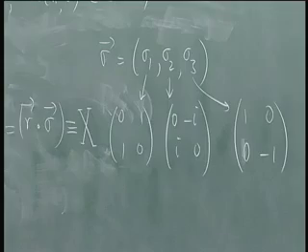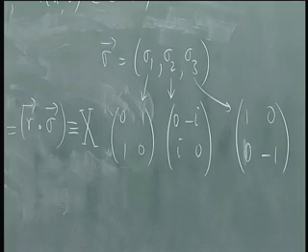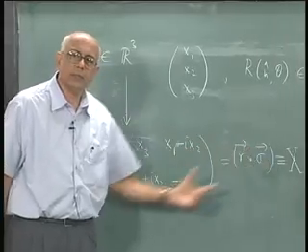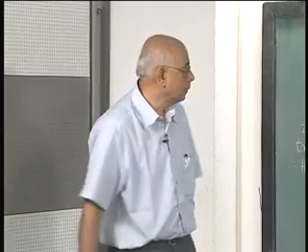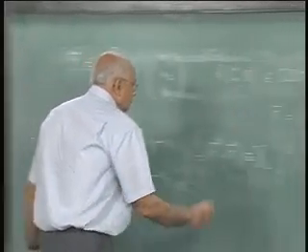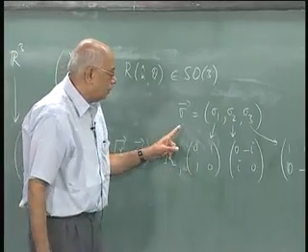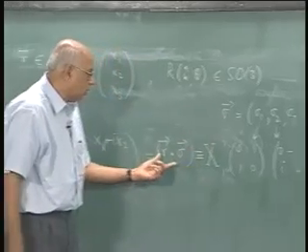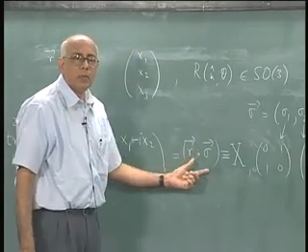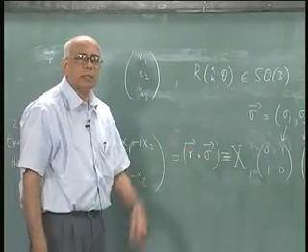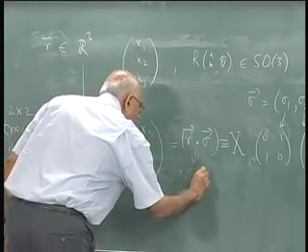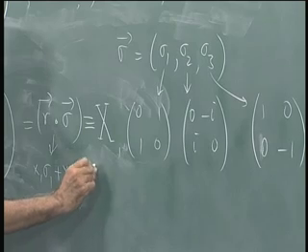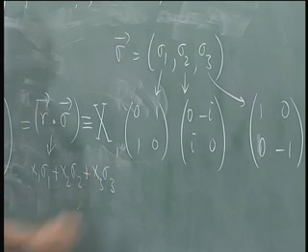So instead of writing vector R in 3 dimensional space I write capital X as this 2 by 2 matrix and I give you the same information. Symbolically r dot sigma stands for x1 sigma 1 plus x2 sigma 2 plus x3 sigma 3.